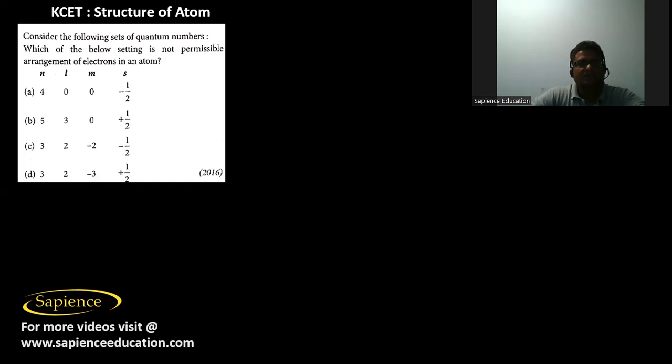Then here it is told, consider the following sets of quantum numbers. Which of the below sets is not a permissible arrangement of electrons in an atom? As we know, the value of L, the azimuthal quantum number, should go from 0 to n minus 1 only, where n is the principal quantum number.